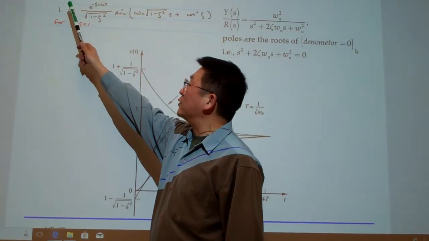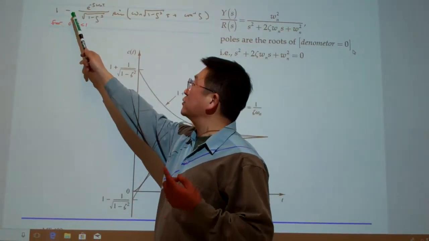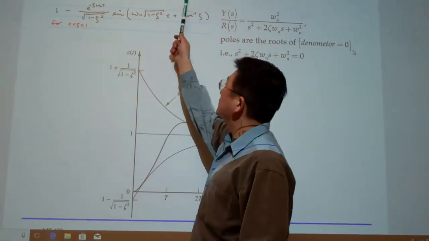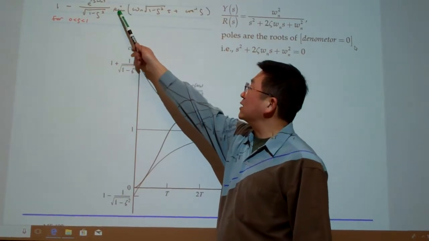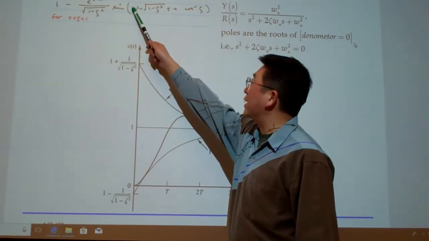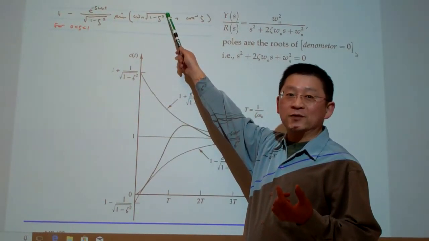The output response y(t) is superposed on the desired input with certain oscillations. The oscillation is sinusoidal, and the oscillation frequency is given by this value here. Those are the features I try to highlight to you.